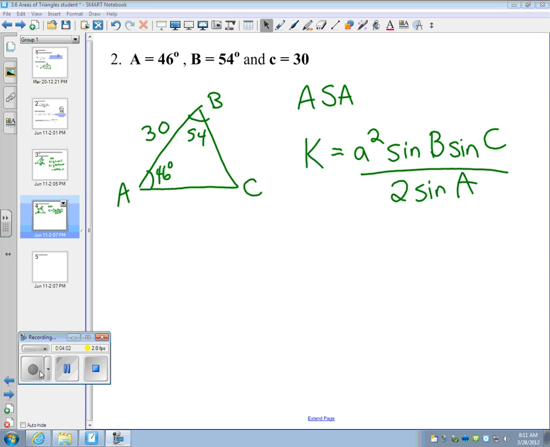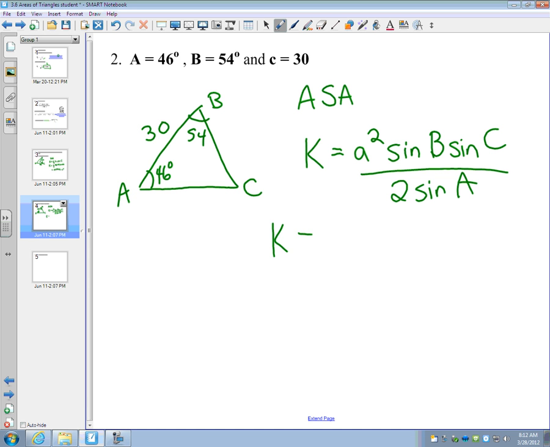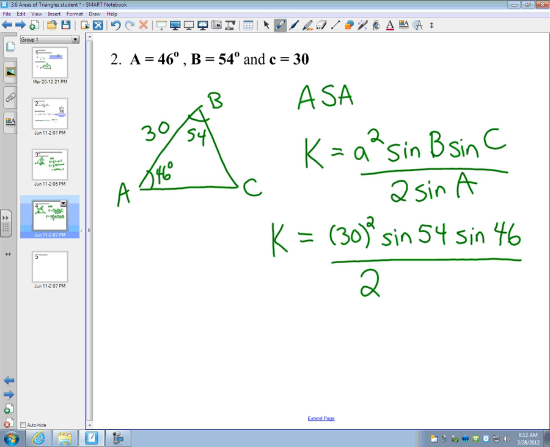Using this formula, we're going to sub in our values. Our area, A squared, so that's 30 squared times the sine of 54 times the sine of 46, all divided by 2. Oh, wait a second, I don't know A. This is simple math. We go 180 minus 54 minus 46. We get 80 degrees remaining.